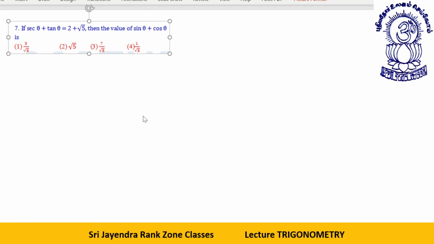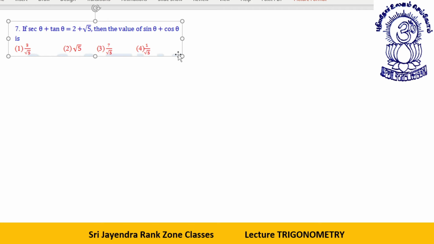Done. Similar to the previous one. No, not done actually. Wait. Something else is to be found over here. Now we need to find sine theta plus cos theta. See, we have already done this thing.